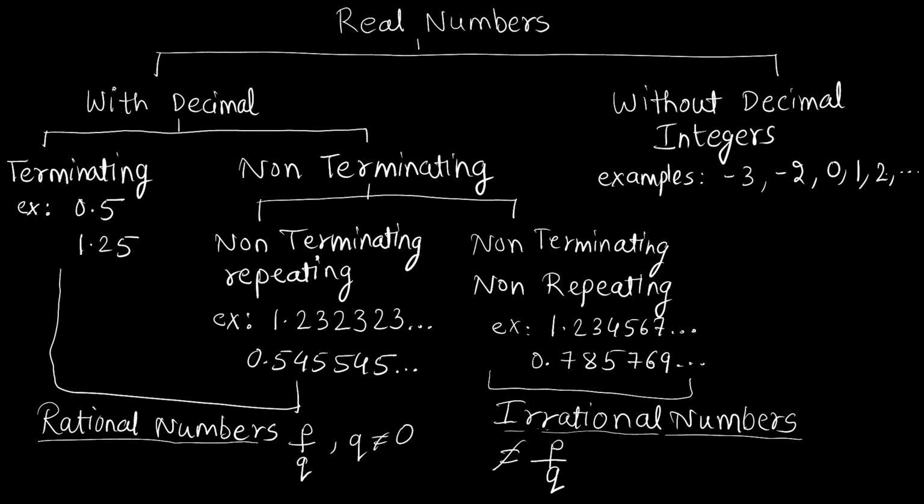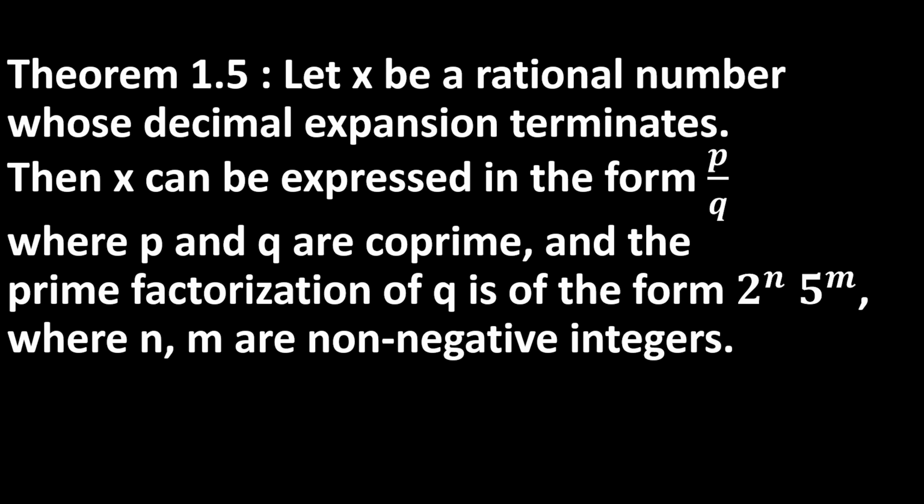Next, we are going to go through some theorems. So, Theorem 1.5. Let x be a rational number whose decimal expansion terminates. We will consider, let's say, x equals 0.5. The decimal expansion is terminating. Then x can be written in the form of p by q.